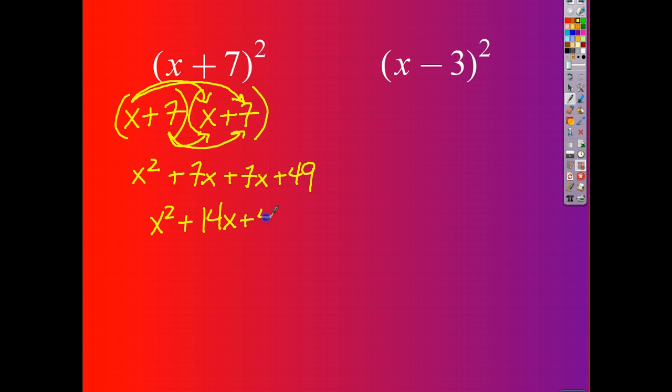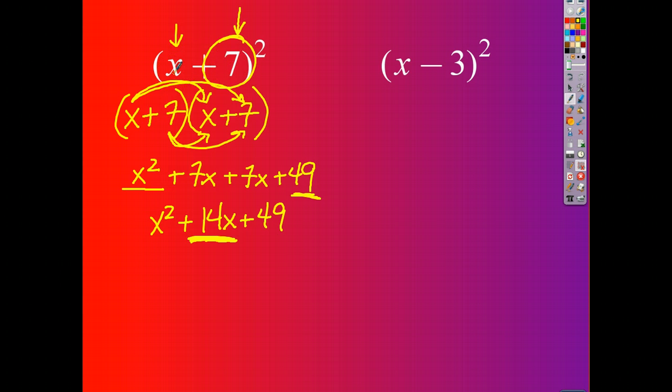What you notice here is this middle term, this 14, ends up being double this. The first term, x squared, is this squared. The end term, 49, is this part squared. And the middle term is this times 2.